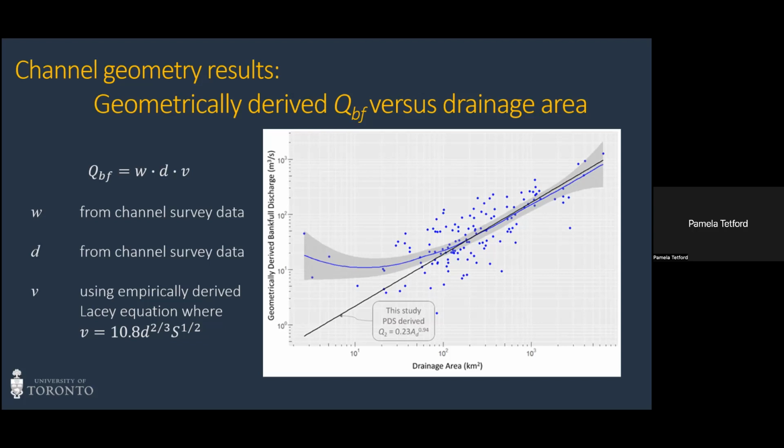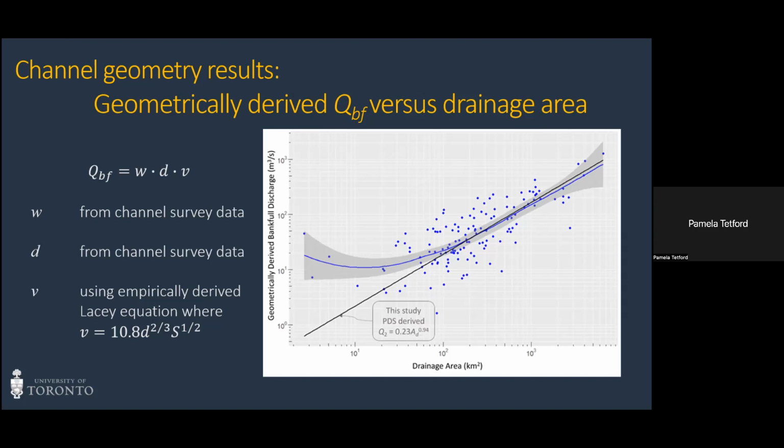And you can see with the Loess curve there has the 95% confidence intervals, and it's showing that it's a non-linear pattern that we have when we used the actual channel form as an estimate for bank full. And the original hydrometric relationship is the black line there, so you can see it in comparison to the other one.